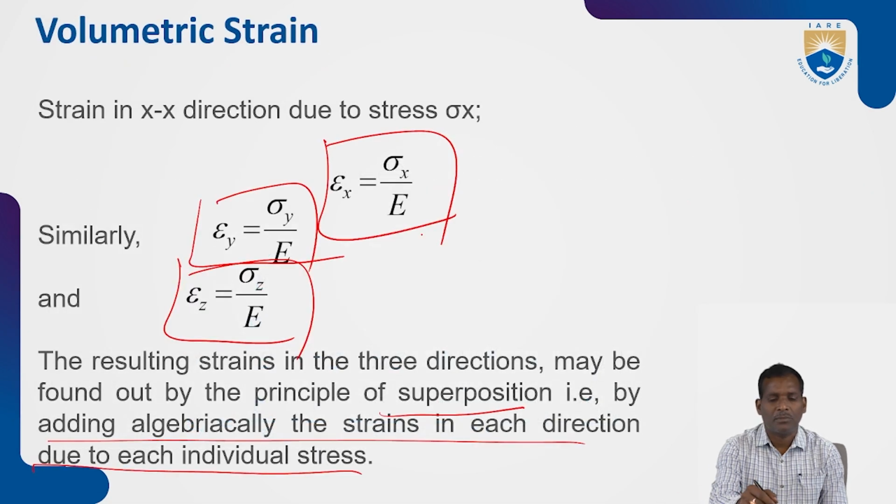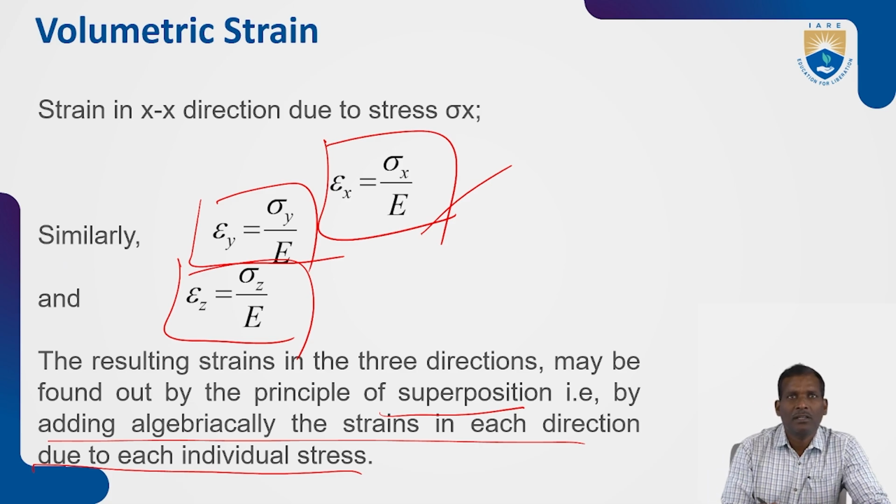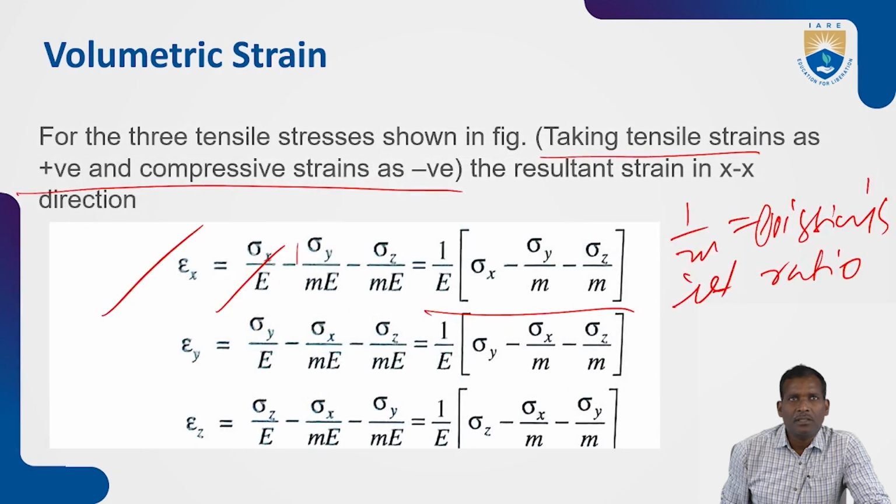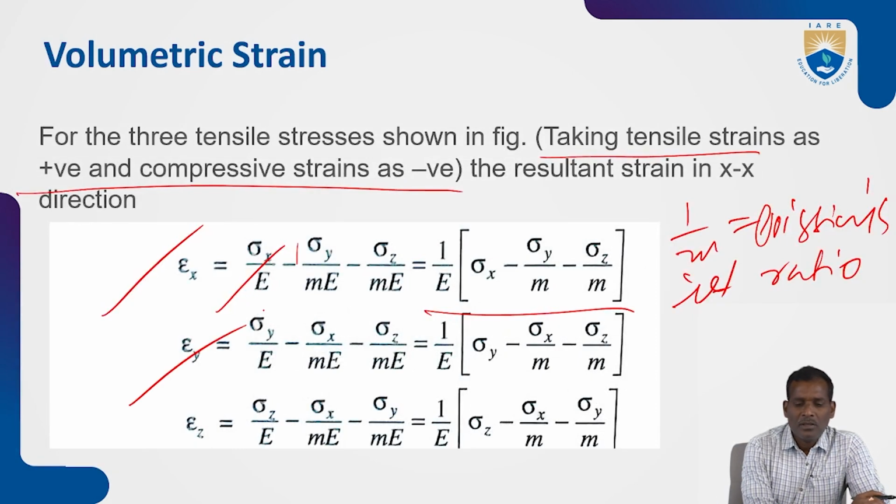In x direction sigma x by E, in y direction sigma y by E, and in z sigma z by E. So already you know. Now in y direction, what is the strain?